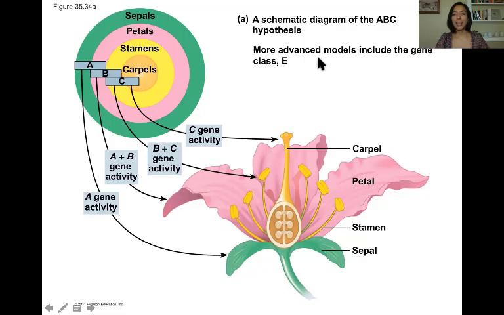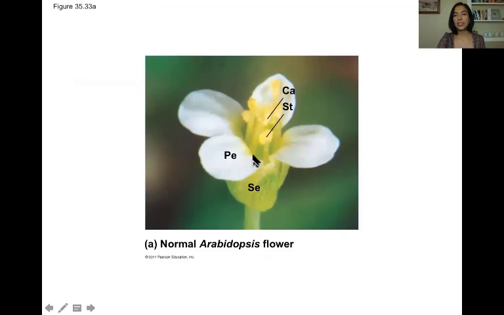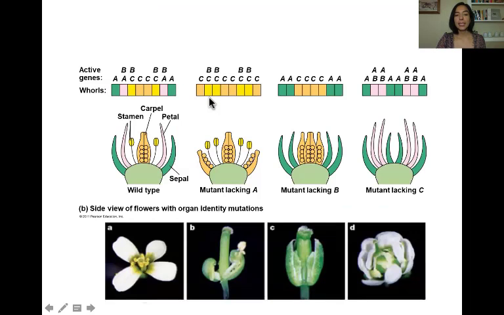Here, I would like to add that this is a simplified model, but more advanced models include also the gene class E. So this is the normal flowering plant, and this was done based on some work using mutants produced in the lab.